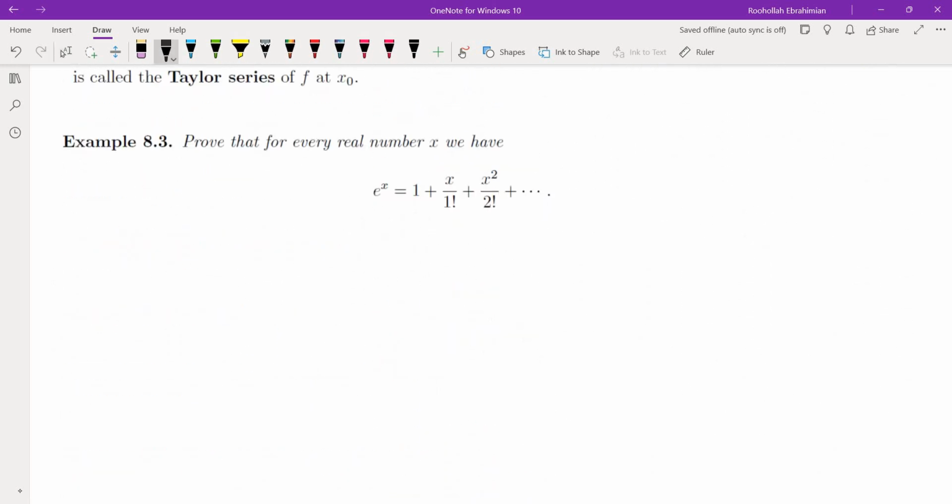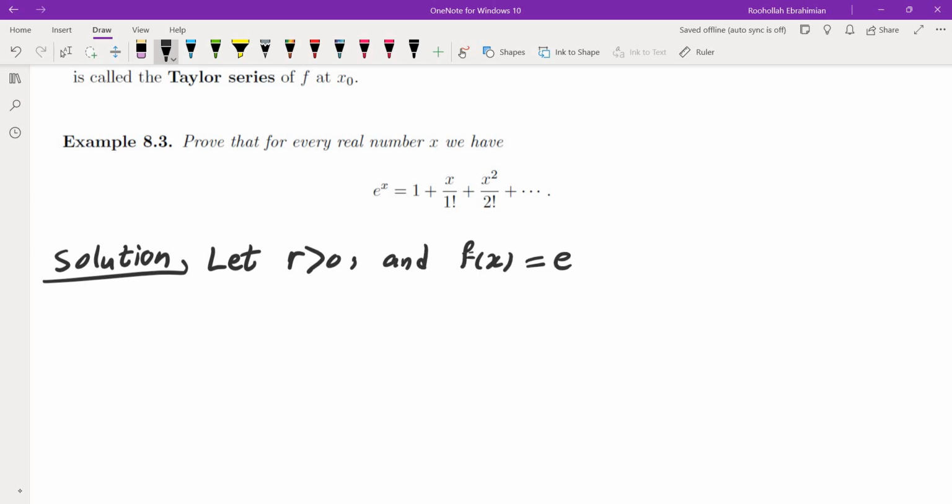Okay, but first let's do one example on this. So we want to prove that for every real number x, we have e to the x is equal to that. So what I want to do is show that this function satisfies the conditions of the theorem. So let r be positive and consider the function f of x equals e to the x.